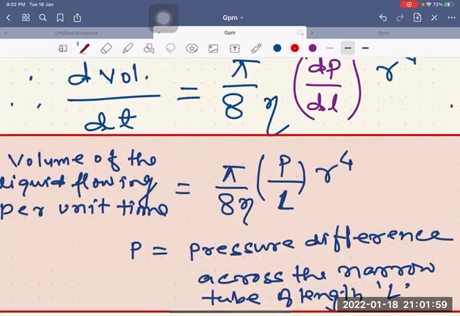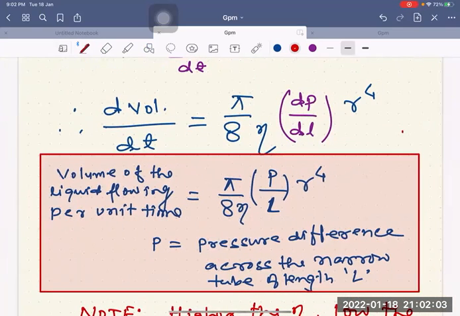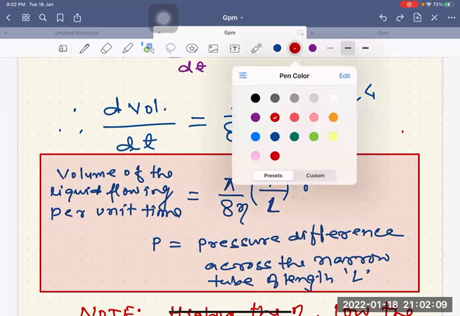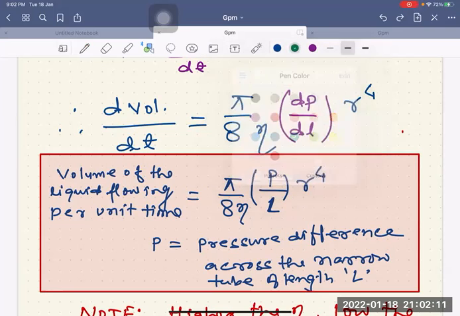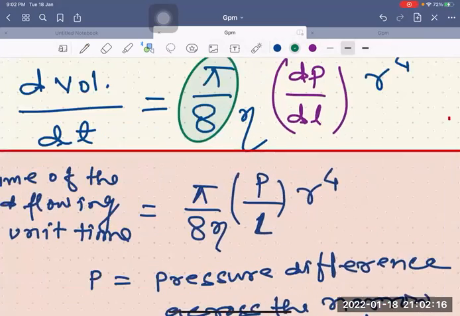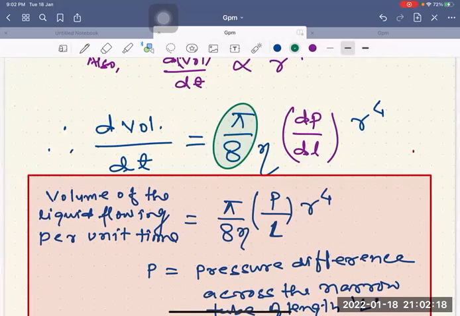This pi by 8 is called experimental constant. Mind it. ये जो pi by 8 है तो क्या बोलते हैं इसको? This is experimental constant. बाकी सभी formula को हम ला सकते हैं। ये fourth power कैसे आ जाता है?